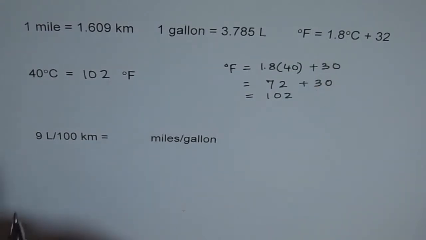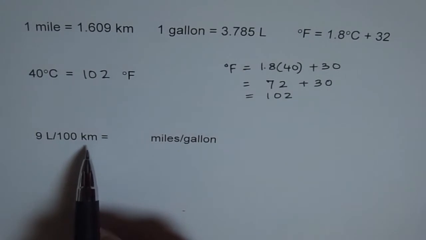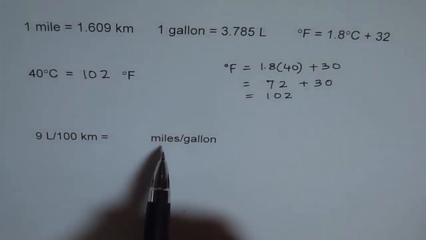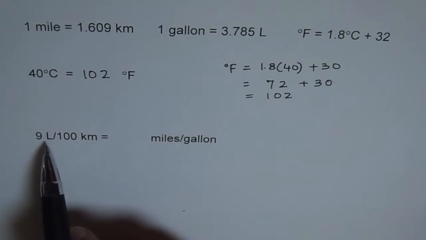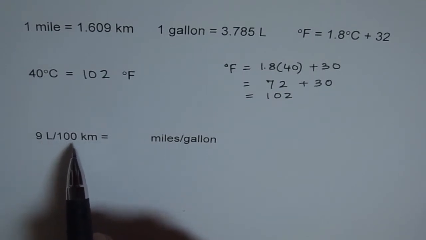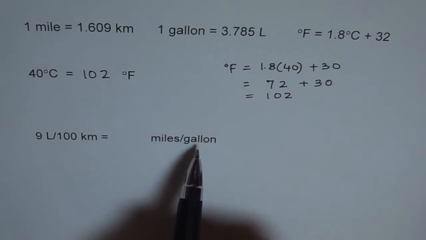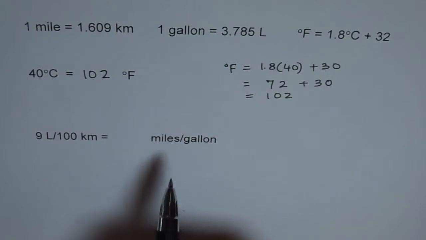Now here, this example says 9 liters per 100 kilometers equals to miles per gallon. As you see, the units are kind of reverse here. They are talking about 9 liters on the top and kilometers in the denominator, and here we have miles on the top and gallons in the denominator. So kind of tricky, right? You have to take care of this also.